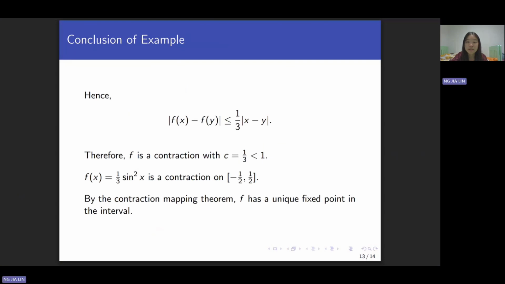Hence we find that the constant c is 1/3, which is less than 1, and this is a contraction as it matches the definition of contraction. So the function f(x) equals 1/3 sine square x is a contraction on the domain -1/2 to 1/2. And by the contraction mapping theorem, we have successfully shown that f has a unique fixed point in the interval.